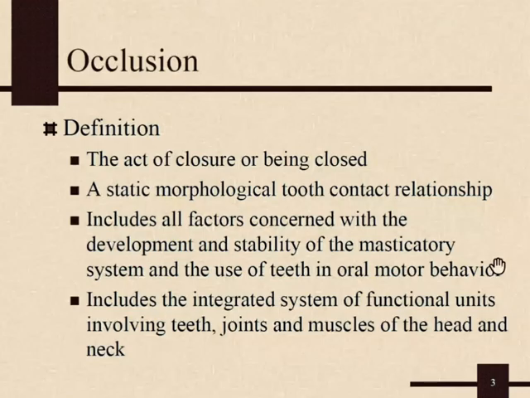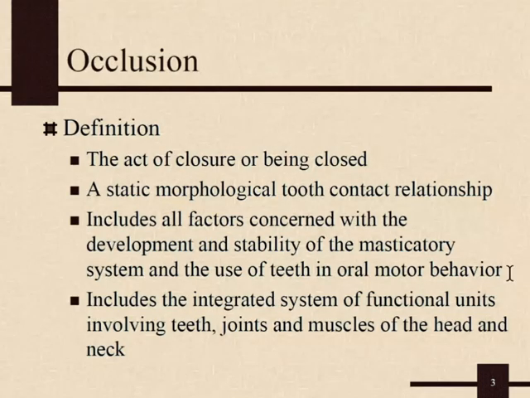masticatory complex. As a definition with clinical convenience, the modern concept of occlusion includes the idea of an integrated system of functional units involving the teeth, the joints, and the muscles of the head and neck. So it includes the teeth themselves, orthodontics, for example, the stability of a denture if you want to put one, and the periodontal tissues around the tooth.